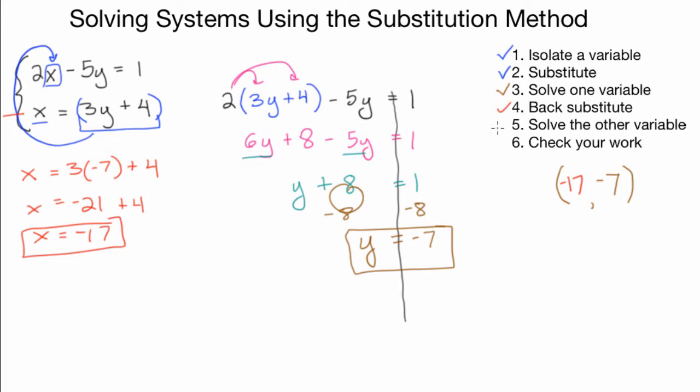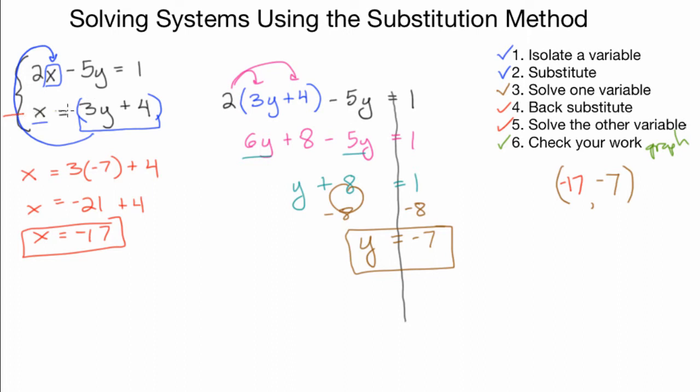So we back substitute, we solve for the other variable. Now it's the all-important step of checking your work. Again, you can do this with a graph. Sketch a quick graph using your calculator or a computer and just see, is this actually the intersection point right here? Or we can check with the other equation.